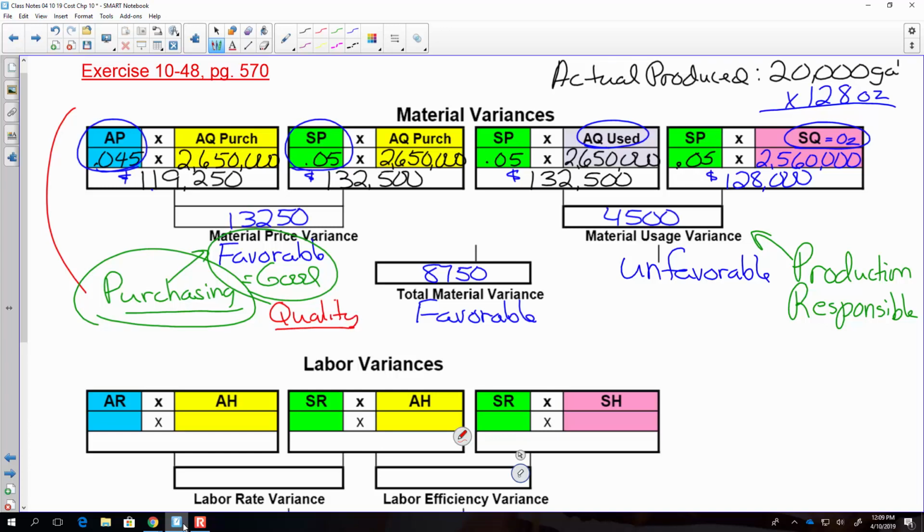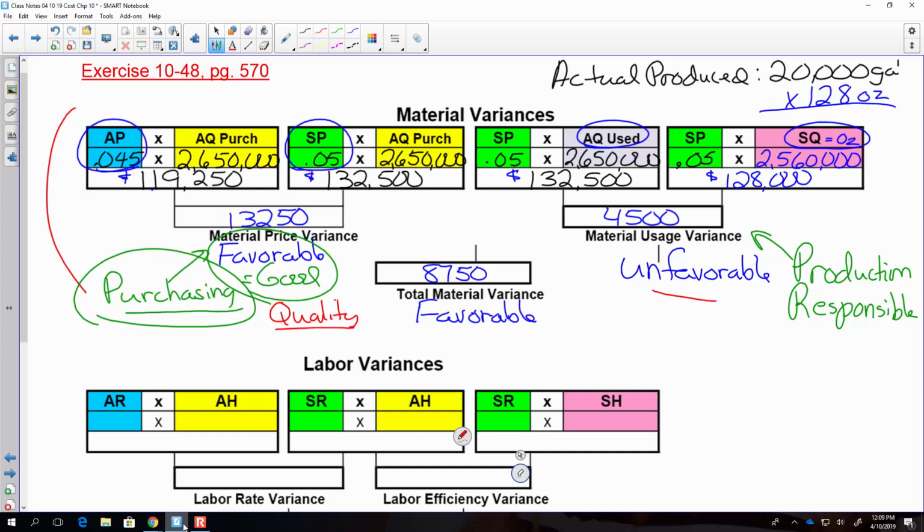There's usually a reason why you get a cheaper price on something. Maybe we had a good bumper crop of apples and the price went down. But even though it's favorable, I'd be a little concerned about the quality. Maybe it's watered down.